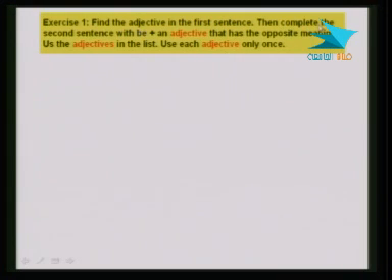It says, find the adjective in the first sentence. Then complete the second sentence with be plus an adjective that has the opposite meaning. Use the adjectives in the list. Use each adjective only once. So what we are going to do is find the adjectives in the first sentence.